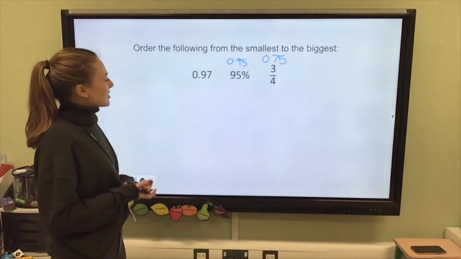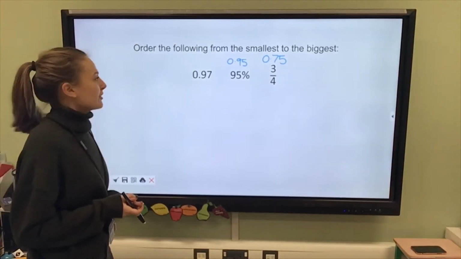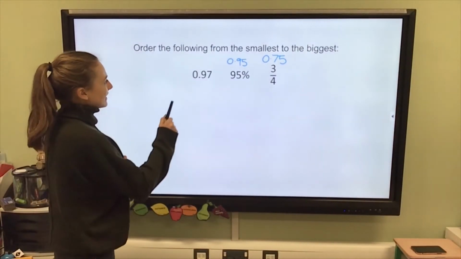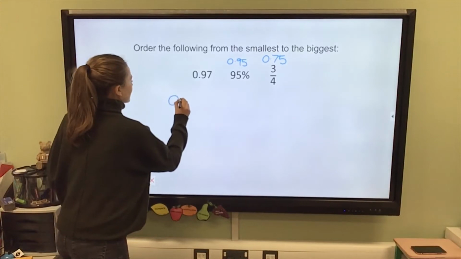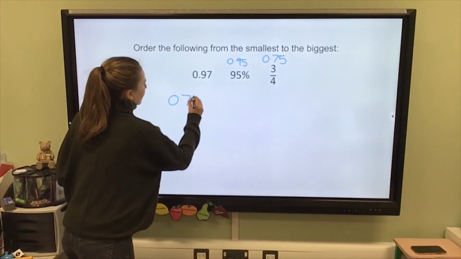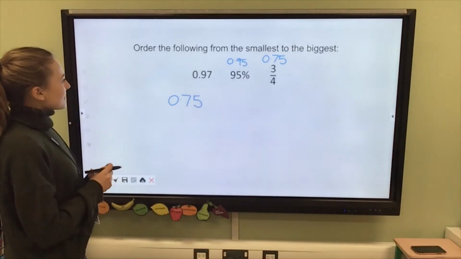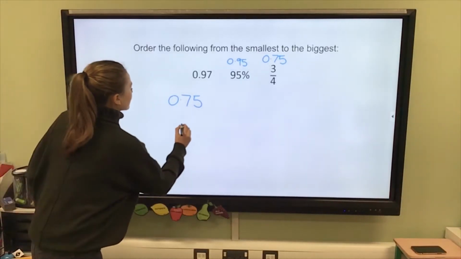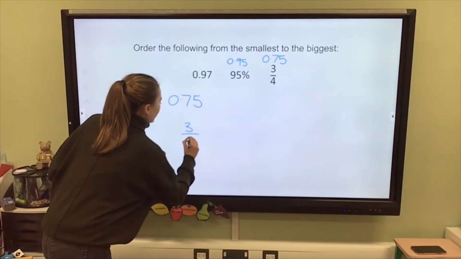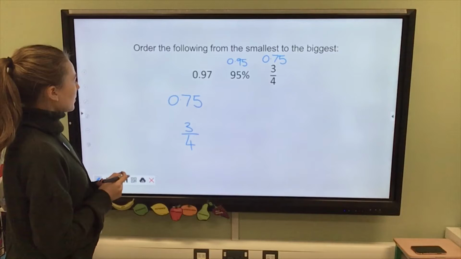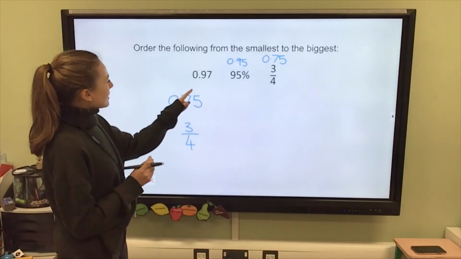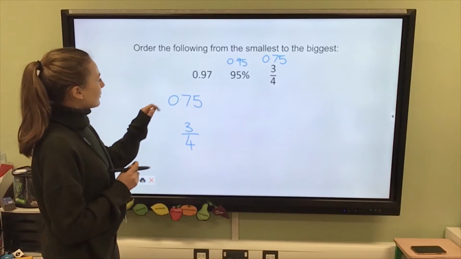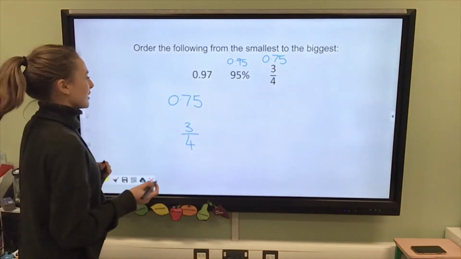Okay, so now let's finish answering our question by ordering those decimals. So I can easily see that 0.75 is my smallest, so I'm going to put that over here. So 0.75 is the decimal, but 3/4 is its equivalent. Okay, then what's my next smallest? Is it 0.95 or 0.97? 0.95 comes next, doesn't it?